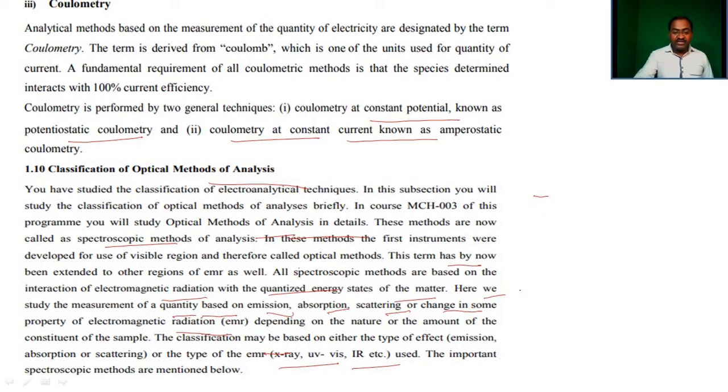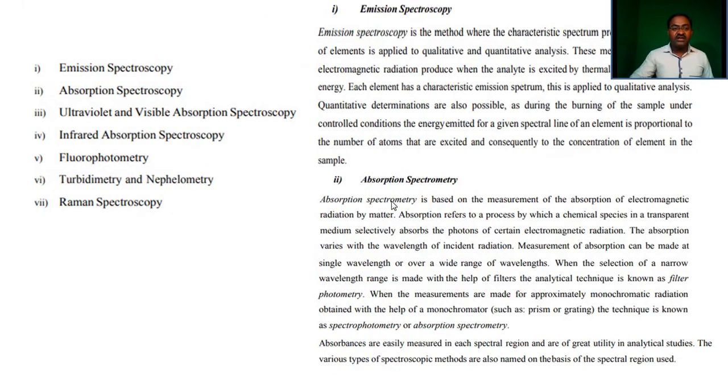The important spectroscopic methods are mentioned here. What are the important spectroscopic methods? Emission spectroscopy, absorption spectroscopy, ultraviolet and visible absorption spectroscopy, infrared absorption spectroscopy, fluorophotometry, turbidimetry and nephelometry, and Raman spectroscopy.